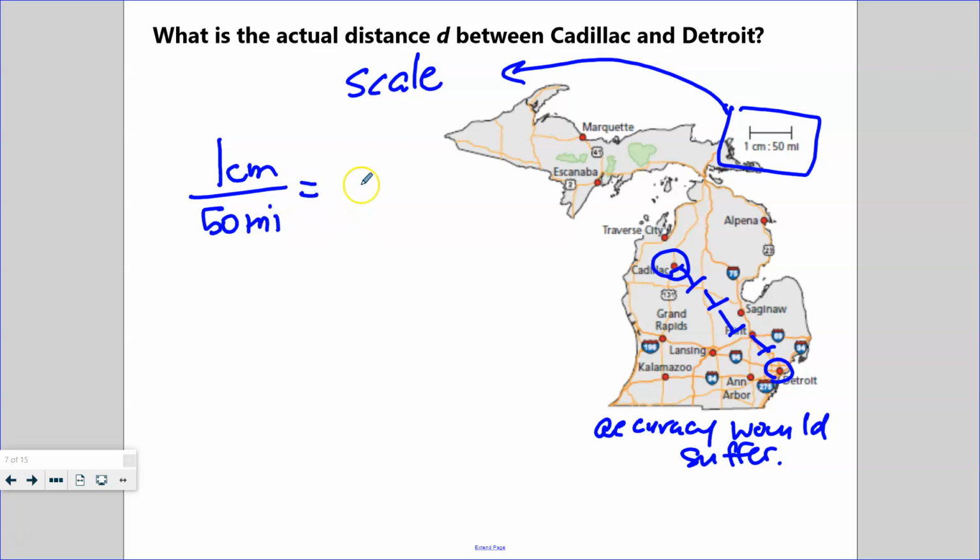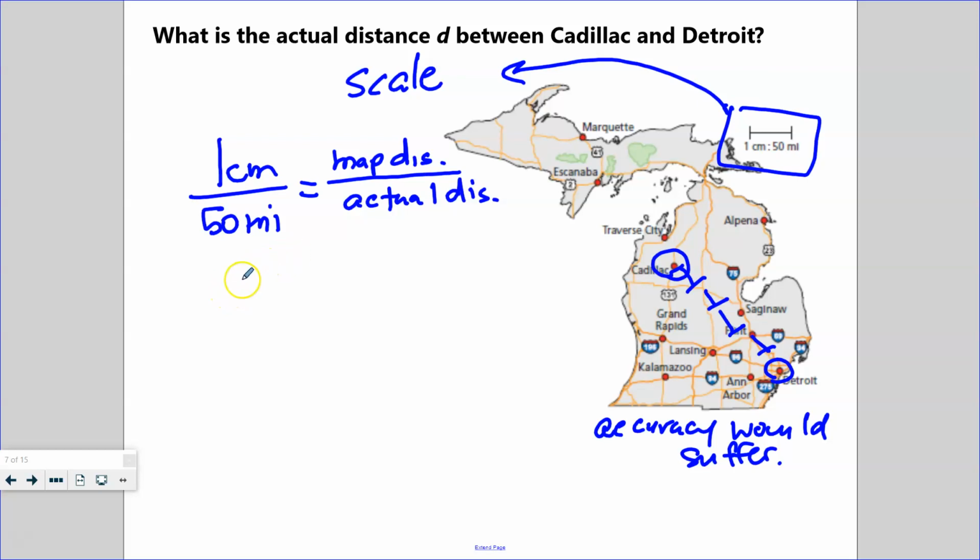And then we're going to come over here, and we're going to match up our map distance over our actual distance, right? And so when we plug in these numbers, what we are actually missing is the actual distance.